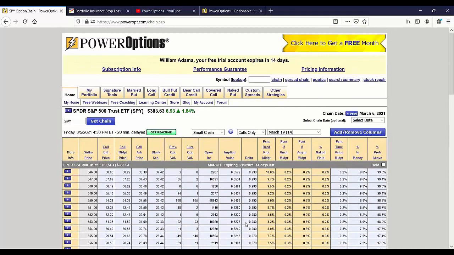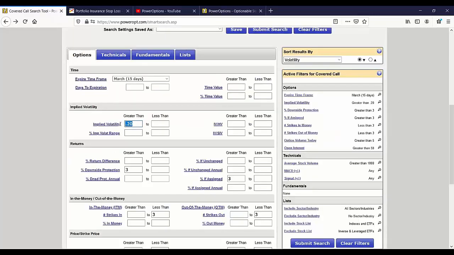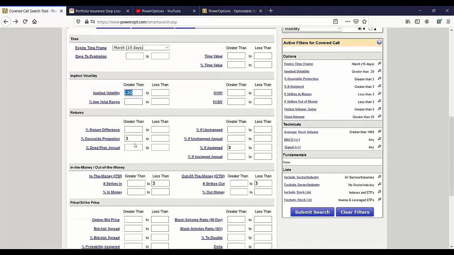So if your question was related to finding highly liquid ETFs, because you're looking specifically for the common market ETFs, IWM, QQQ, DIA, and SPY, well, you might be in the right implied volatility range, and you're going to have the right average stock volume, but you're probably not going to see the returns that you wanted.